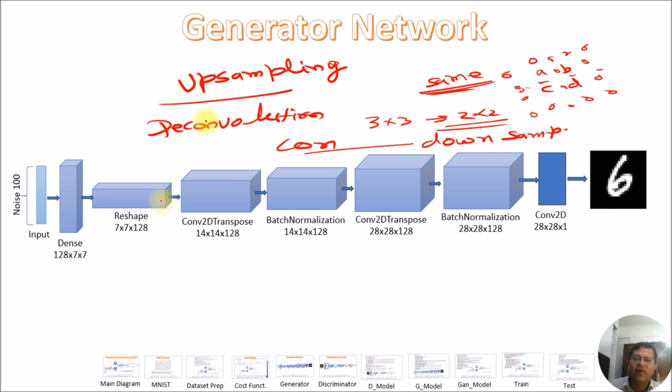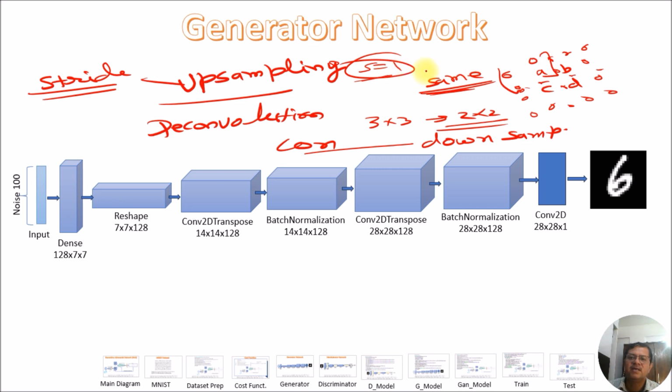Several times we call it stride-based upsampling or stride upsampling. Why do we say stride upsampling? Because when we traverse a matrix and suppose our stride size is equal to 1, then it is easy, we can directly move. So the level of enhancement in that matrix is very easy to get, because stride equals 1.